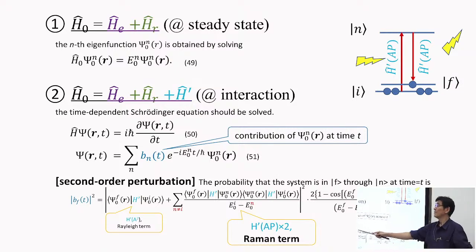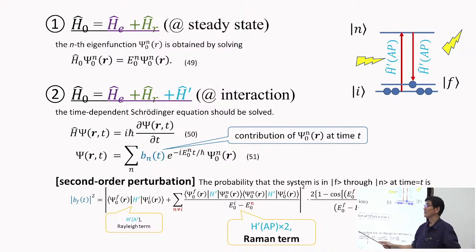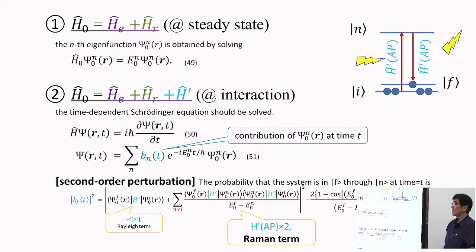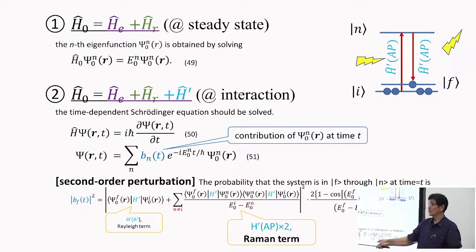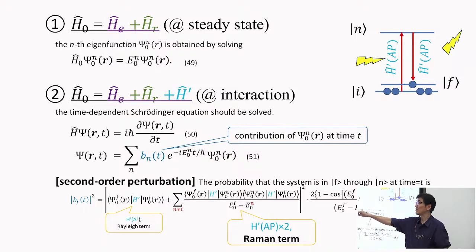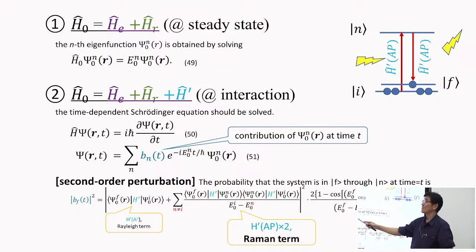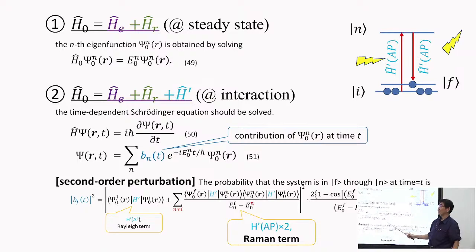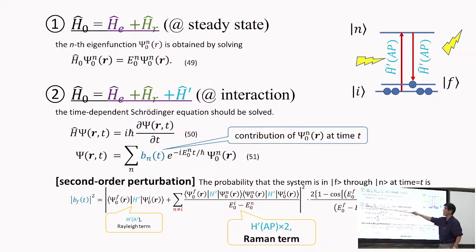Because of this term, the state of the molecule, or the wave function, changes time by time. For this reason, we need to solve the time-dependent Schrödinger equation, which is given by equation 50. We can assume the solution of this time-dependent Schrödinger equation like this.